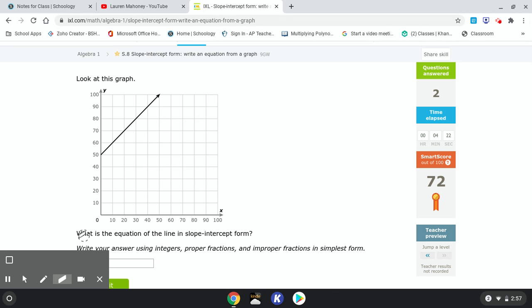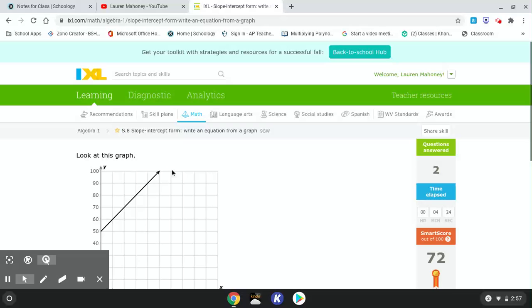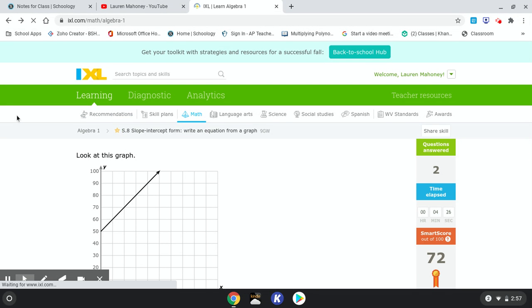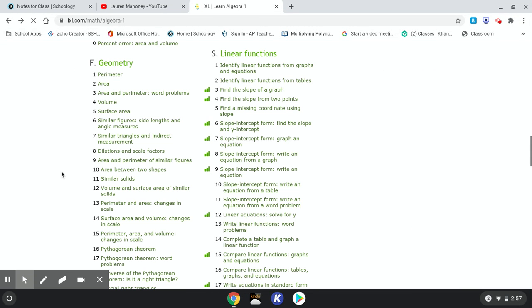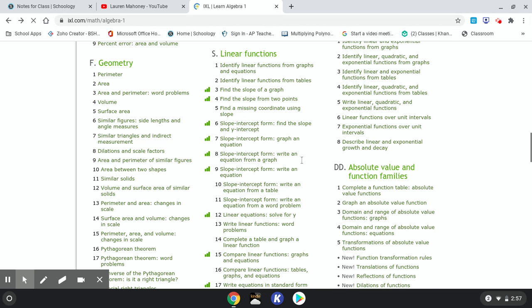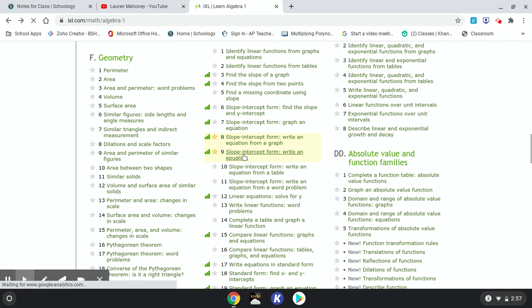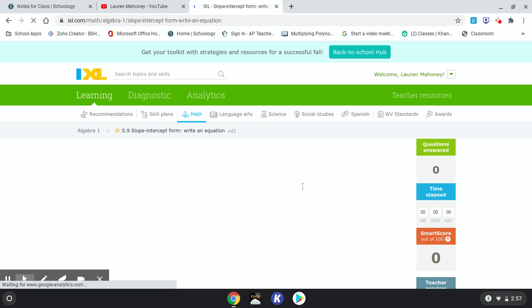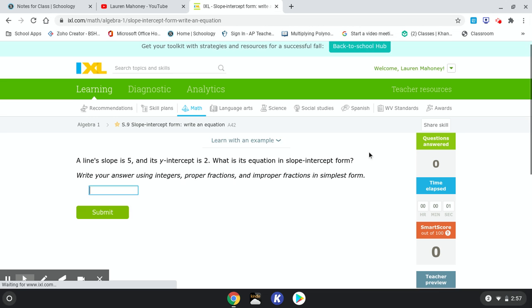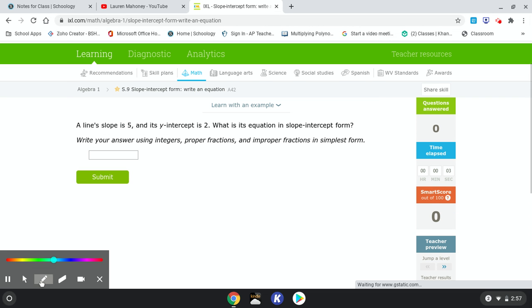Even though I'm counting by tens on the y and tens on the x, going from this block to this block, you're rising 1 and running 1, or rising 10, running 10. 10 over 10 is the same thing as 1 over 1, so your slope is still 1. It doesn't matter, just as long as your blocks are counting by the same units.